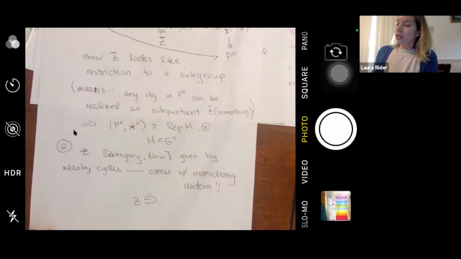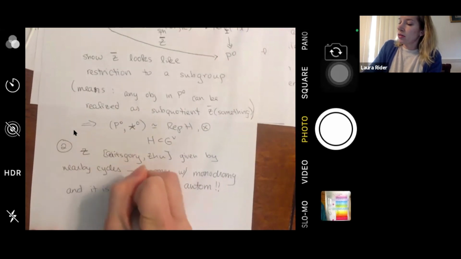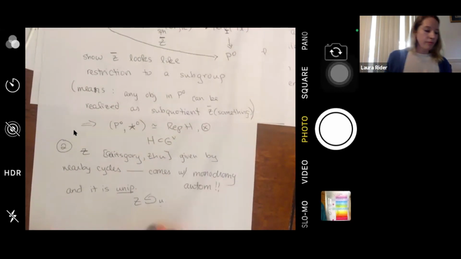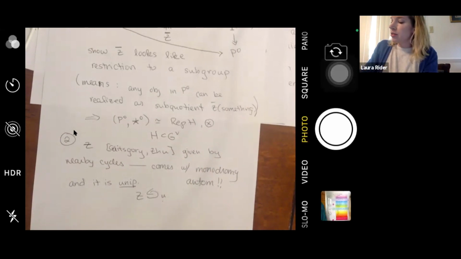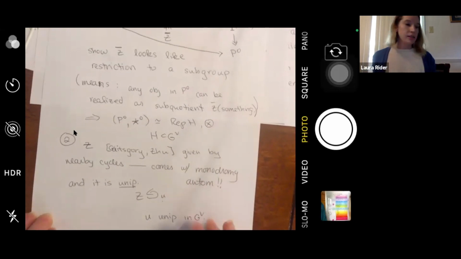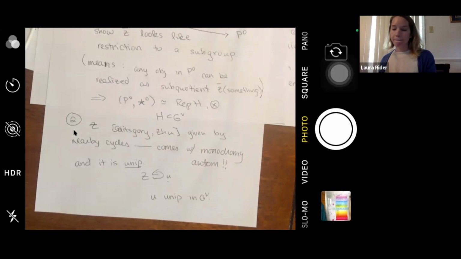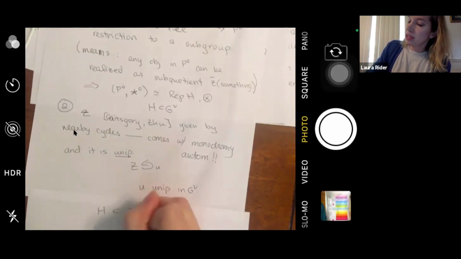And it turns out that this is unipotent. So this gives us a unipotent element in G check, not necessarily regular. So this says that H has to be a subgroup of at least the centralizer.